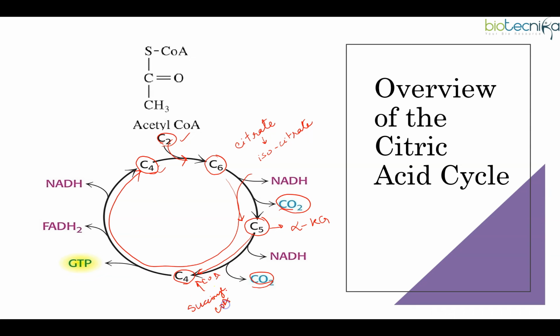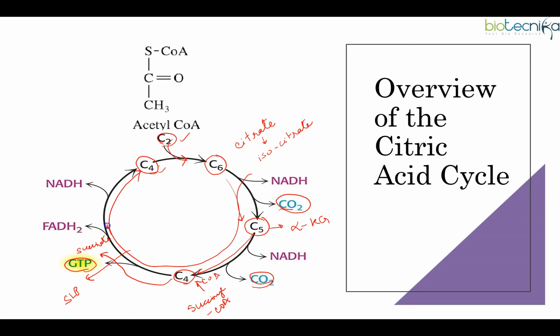Then in another step, that CoA molecule will be released, but that CoA bond was a high energy bond, which when broken yields free energy for the generation of GTP. This is the substrate level phosphorylation of the TCA cycle, after which it will generate succinate.